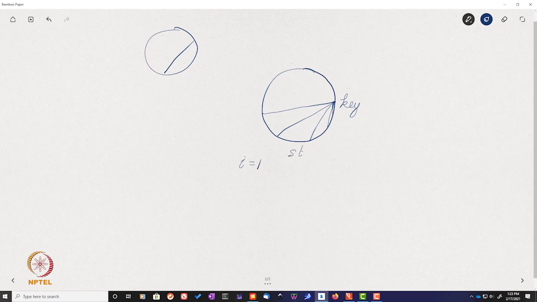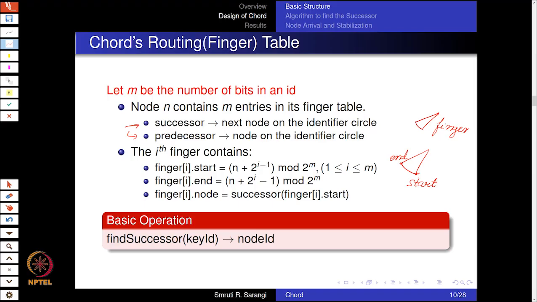So then what is the start? Let the ID over here be n. So n is the position. I'm slightly changing the definition of n here. Previously n was referring to the total number of nodes, but now let this be the position of the key on the ring.